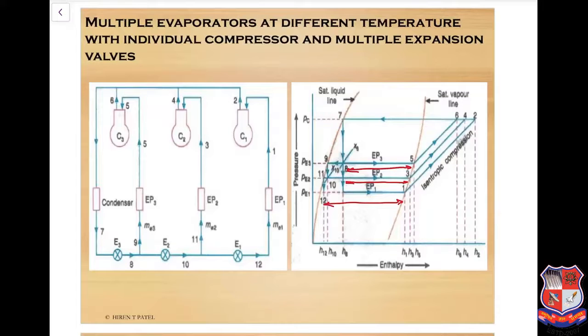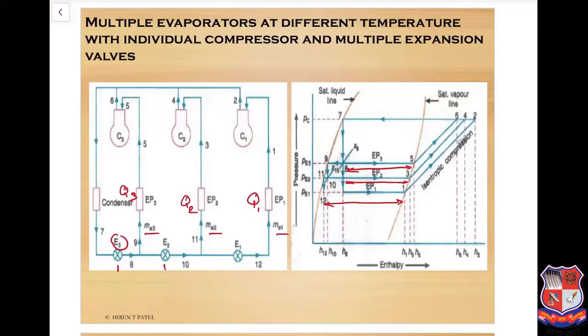Also, same as previous systems, there are different loads for every evaporator and different mass for every evaporator. The main difference is that every mass is passing from the expansion valve. So Me1 is passing from 3 expansion valves, Me2 is passing from 2 expansion valves, and Me3 is passing from just the single expansion valve.